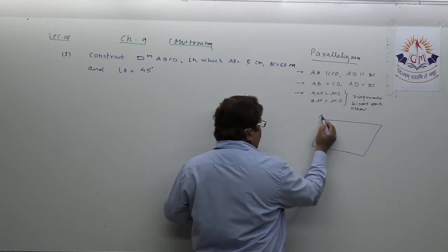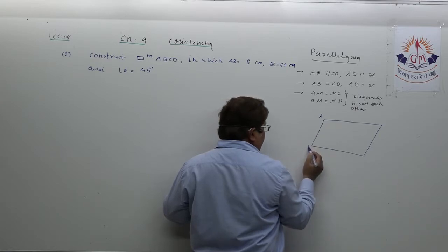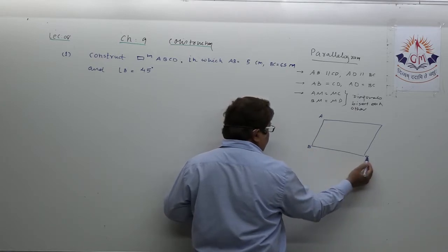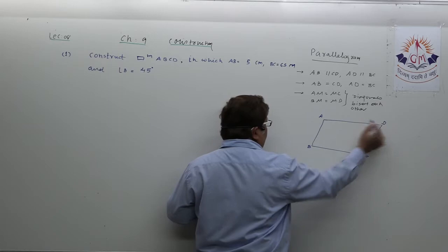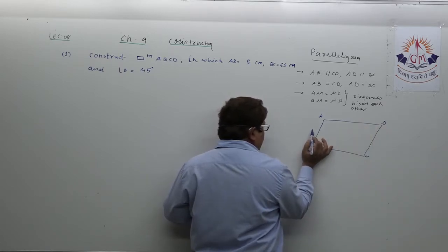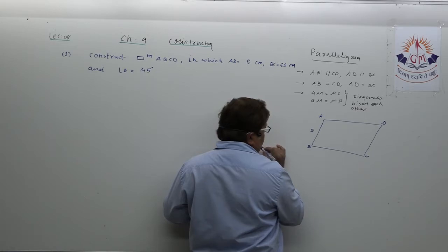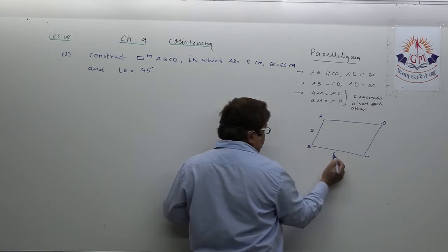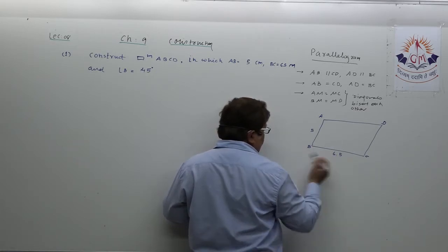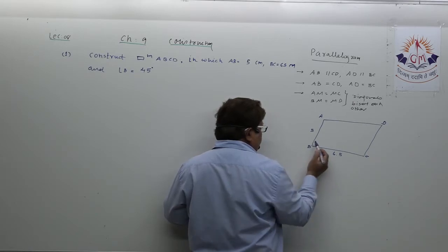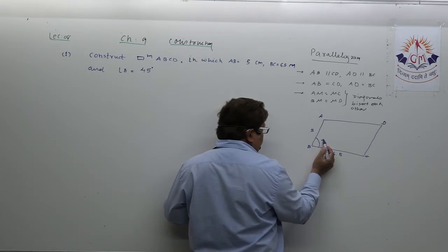Understand? In label, I am doing this way. You can also change it. AB has been given 5 centimeter, BC has been given 6.5 centimeter, angle B has been given 45 degree.